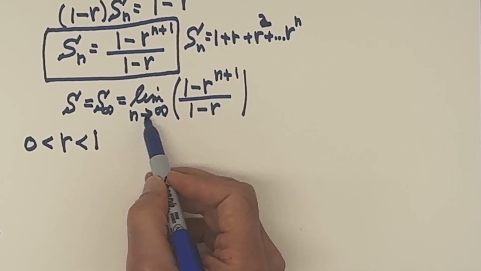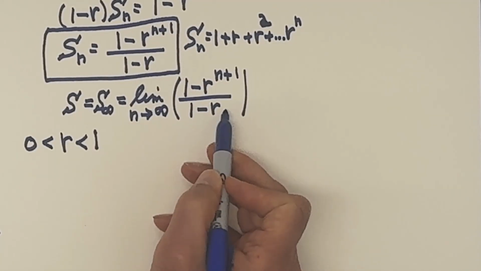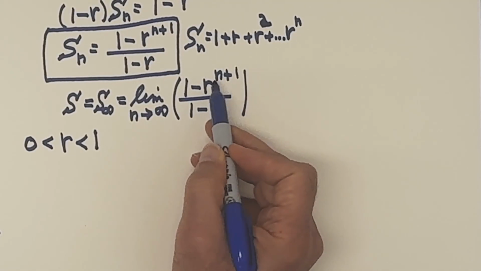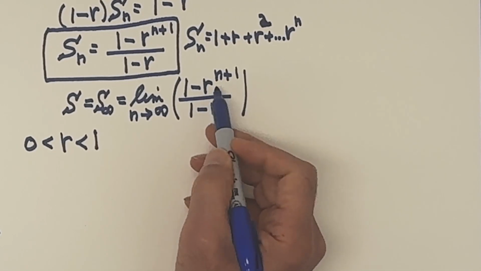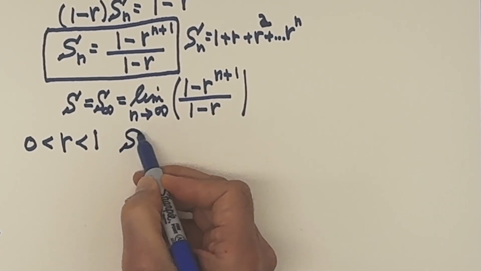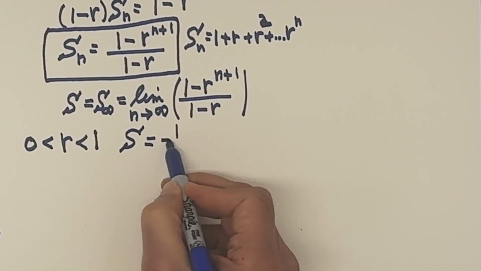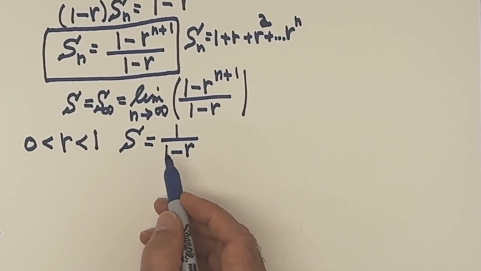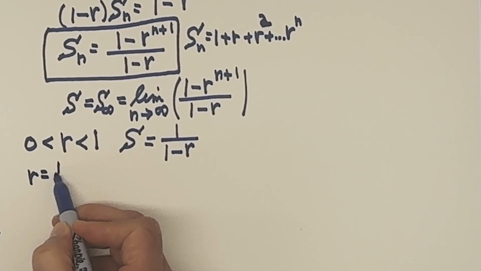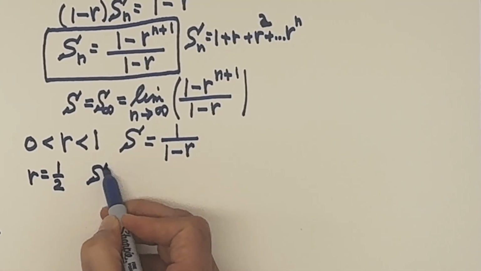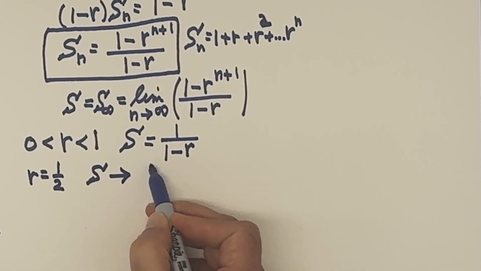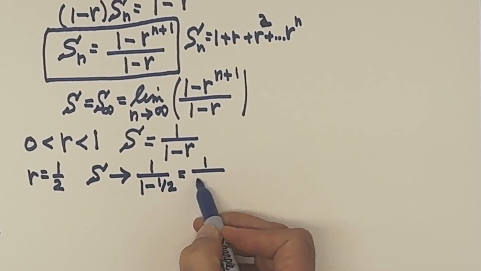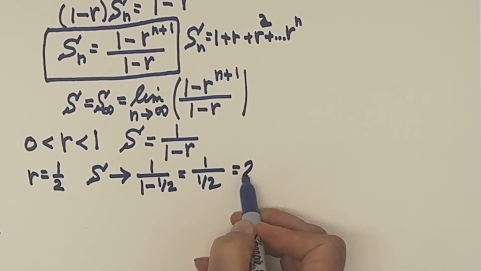The first part won't change, but the second part, as n goes to infinity, you have something less than 1 that's going to vanish. So the answer for the sum is going to be 1 over 1 minus r. Now, if we take a specific case, for example, r being equal to 1/2, then the sum would become 1 over 1 minus 1/2, which is 1 over 1/2, which is 2.